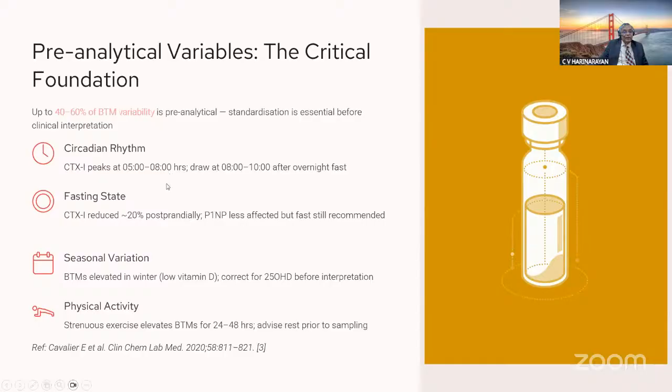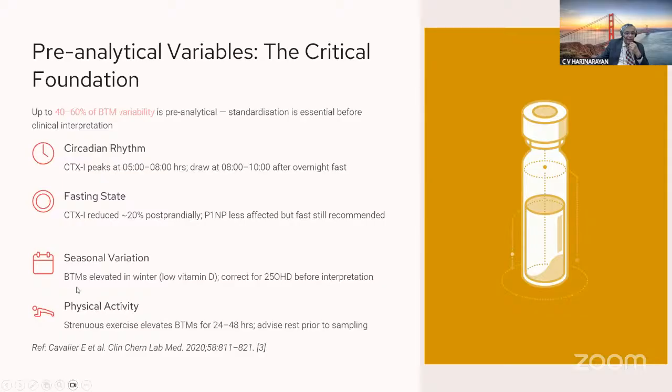After 8, try to cut it off. CTX reduces by roughly 20% postprandially. So after food, the values will be 20% less than what you would otherwise get. P1NP is less affected, but fasting is still recommended. So when you are drawing blood for CTX, take it for P1NP also at the same time.